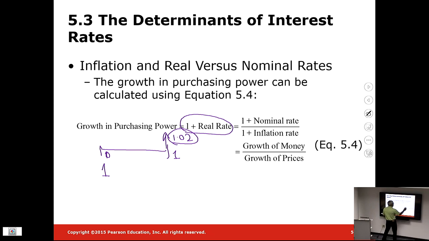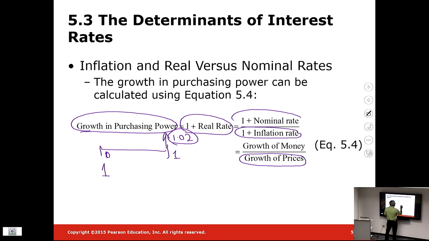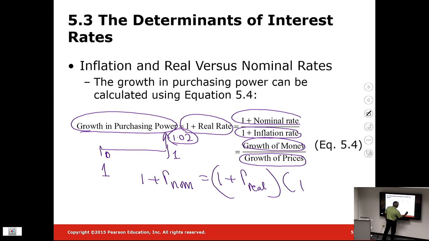So that's what we're looking at over here. 1 plus the inflation rate tells me the growth in prices, whereas 1 plus the real rate tells me the growth in purchasing power, and 1 plus the nominal rate tells me the growth of money, the actual nominal value of growth. So 1 plus our nominal rate is 1 plus the real rate, times 1 plus the rate of inflation.